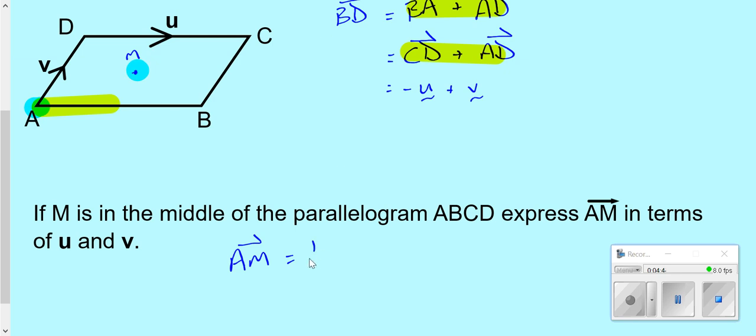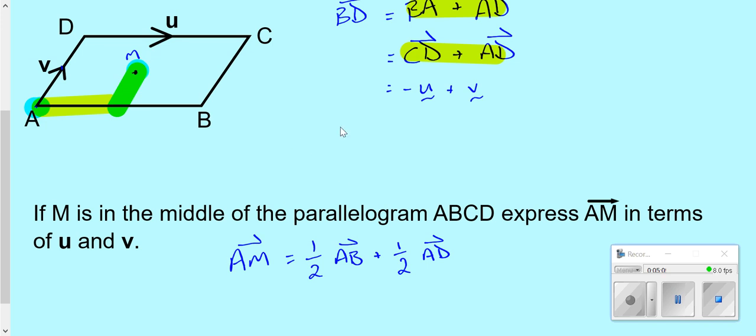So I want to travel half the way along AB. And then once I've travelled halfway along AB, I want to go halfway up. That's the same as this here, A to D. So I want to add on half of AD.